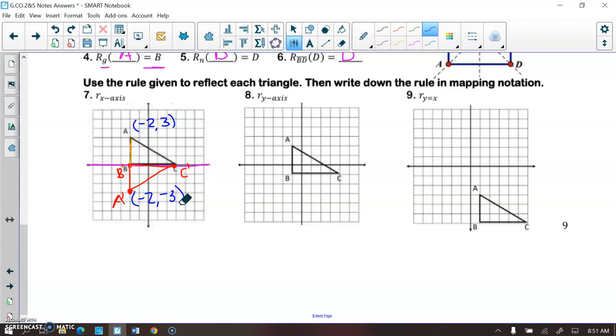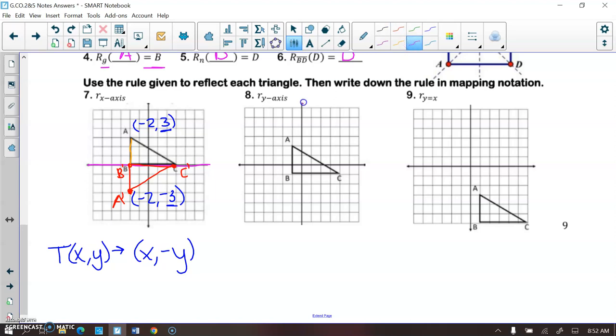So actually what happened between these 2 points is your y value became negative and your x value stayed the same. So your mapping notation would be, I have a transformation, and what happened was I kept my x value the same and my y value ended up becoming the opposite. So this is an example of a reflection over the x-axis.